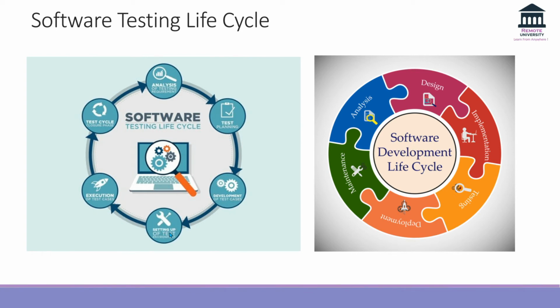Once that environment is set up and running, we'll wait for the developer to give us the code or deploy the application there. Once the application is handed over to the testing team, we'll start executing the test cases we developed to start evaluating the software that was given to us.